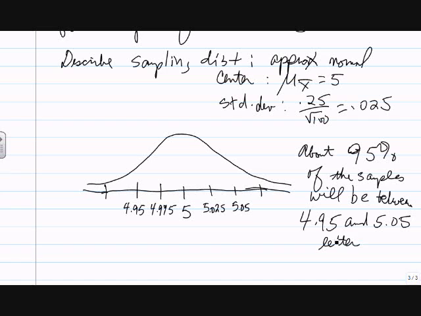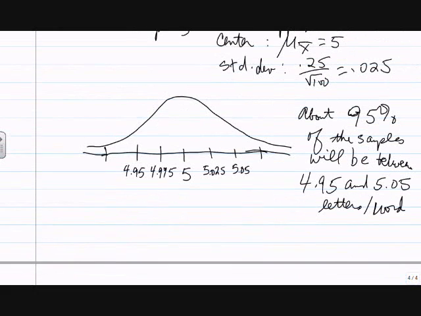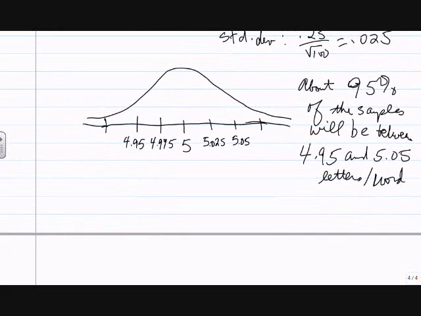That's letters per word. You won't after a while, just kind of for today. We'll get more exact, so you won't have to remember the 95s and stuff. It's actually 1.96, instead of 2 standard deviations for 95%. But we're just kind of estimating for today.